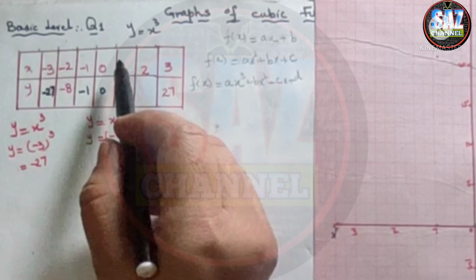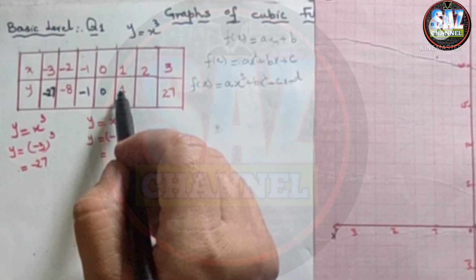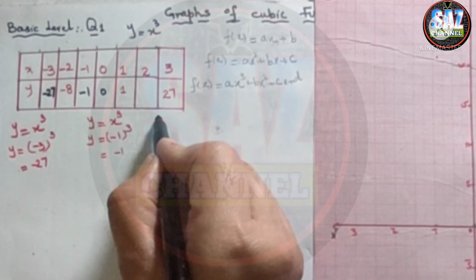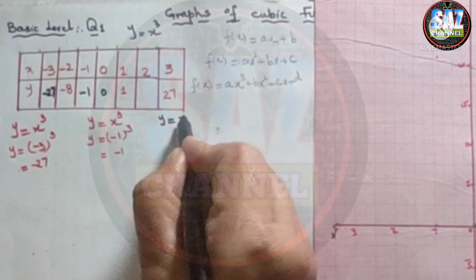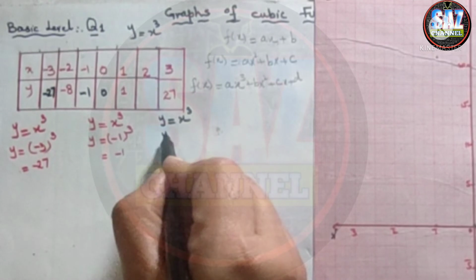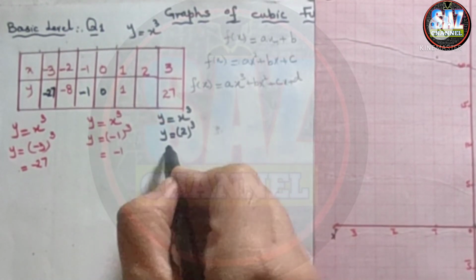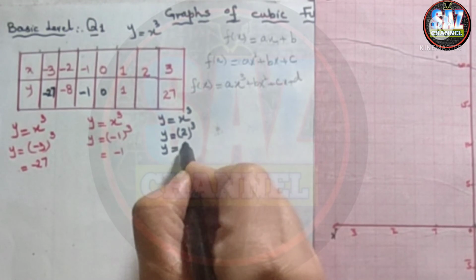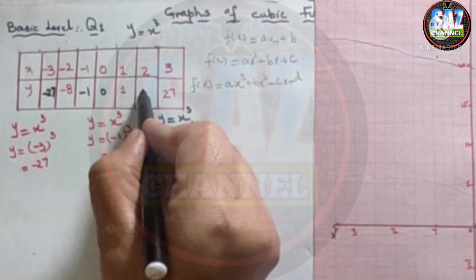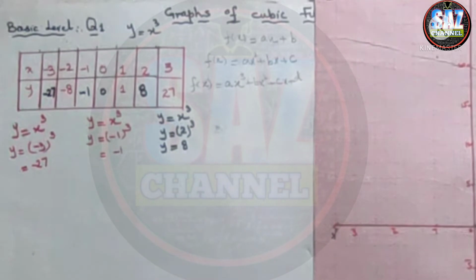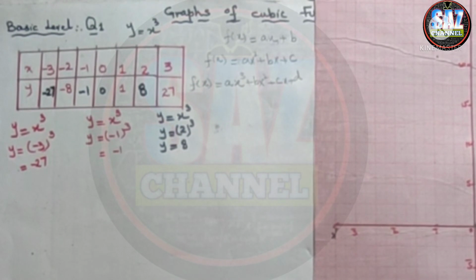When x is 1, y is already given. And the next is y equals x cube, and what is the value of x that we have to insert? 2 cube, and this is 8. I have to replace a value over here. And for x equals 3, y equals 27 is already given to us.